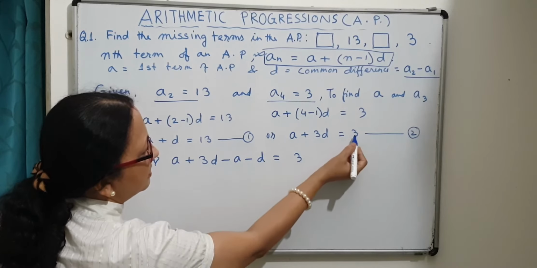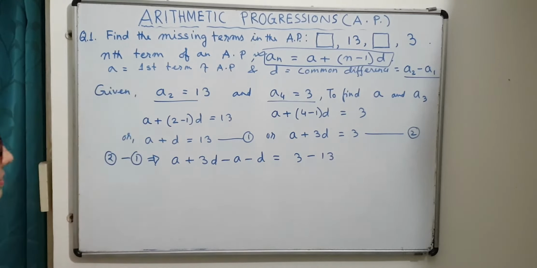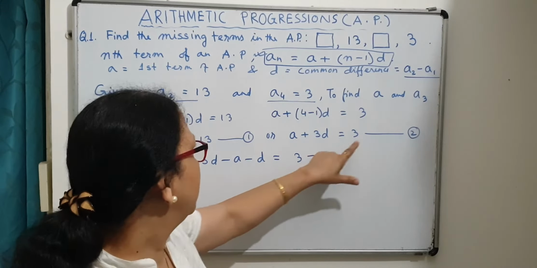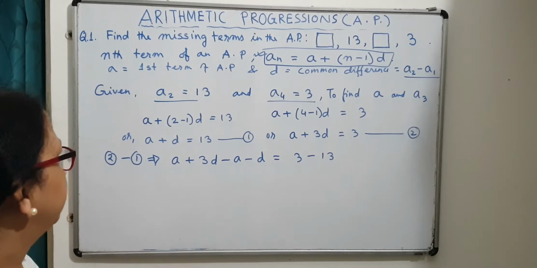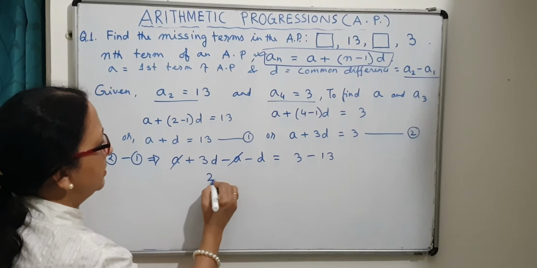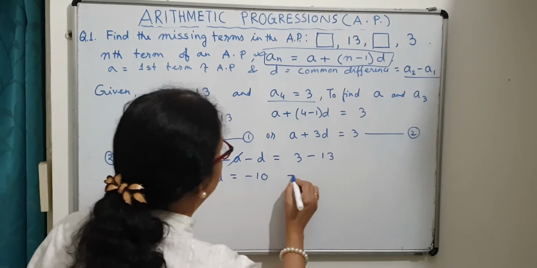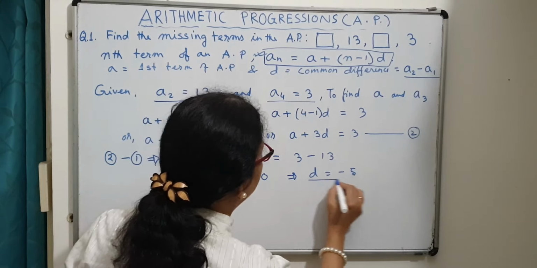Right hand side also gets subtracted, 3 minus 13. That is, we have subtracted equation 1 from 2. So a gets cancelled, or twice d is equal to minus 10, which gives you the value of d to be minus 5. So I got this value.